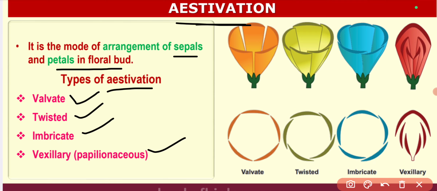Another name of vexillary is papilionaceous. So four different types of estivation are present.